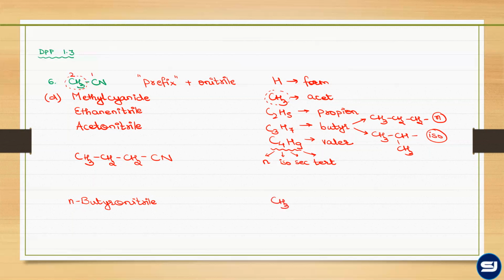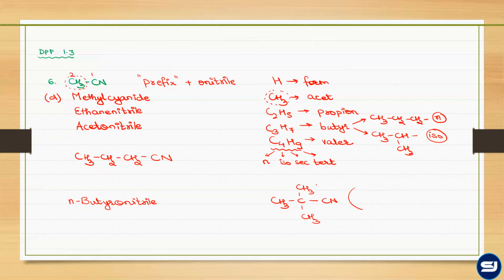Let me give one example to make it more clear. If I have CH3, C, CH3, CH3, and CN, what will be the prefix-wala name? Tert-valer cyanide. Yes, Gautam, tert-valer, and the full name? O-nitrile.